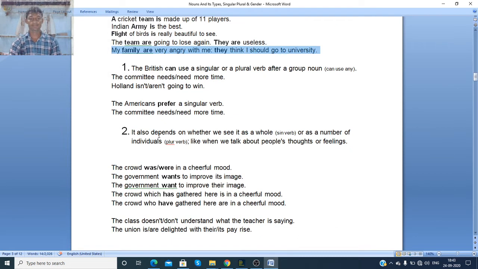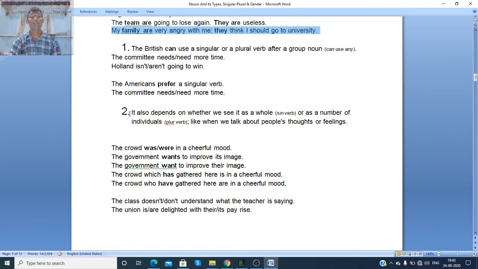And the second difference is it also depends on whether we see it as a whole, singular, or as a number of individuals. When we see it as a whole, we use a singular verb, and when we see it as different individuals, like there are players, and we see all of them as individuals.